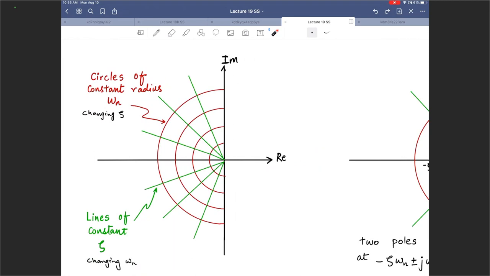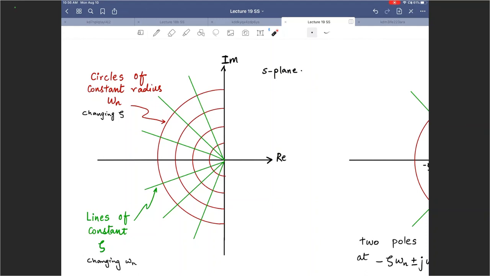So observe what happens as you change. So you have an S-plane over here. You have the real axis, x-axis, and you have the imaginary vertical axis. And as you change, say, omega n, right? So if you keep zeta constant and change omega n, what happens is you will move away from the origin on a line, right?